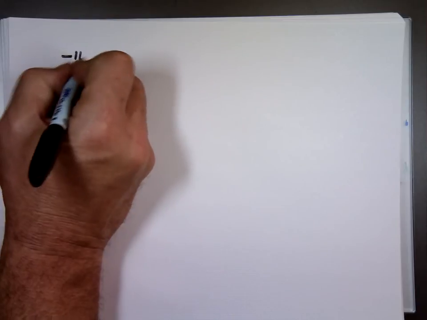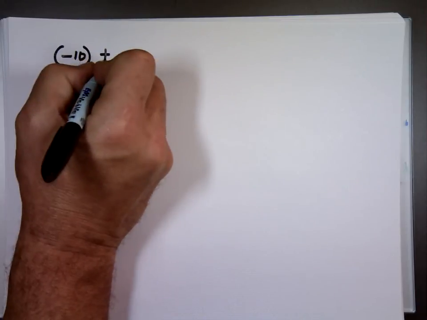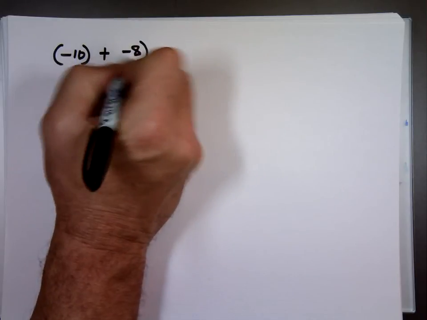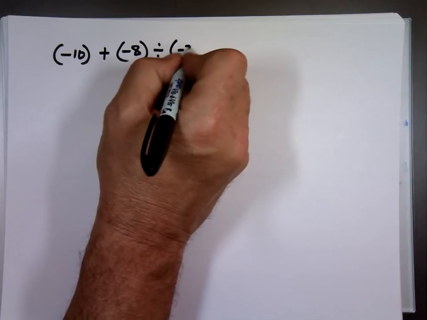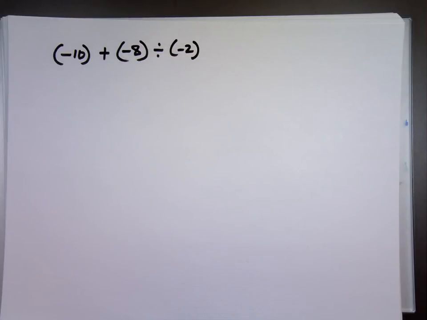How about this problem? Negative 10 plus negative 8 divided by negative 2. Uh-oh. We got addition and what? And division.